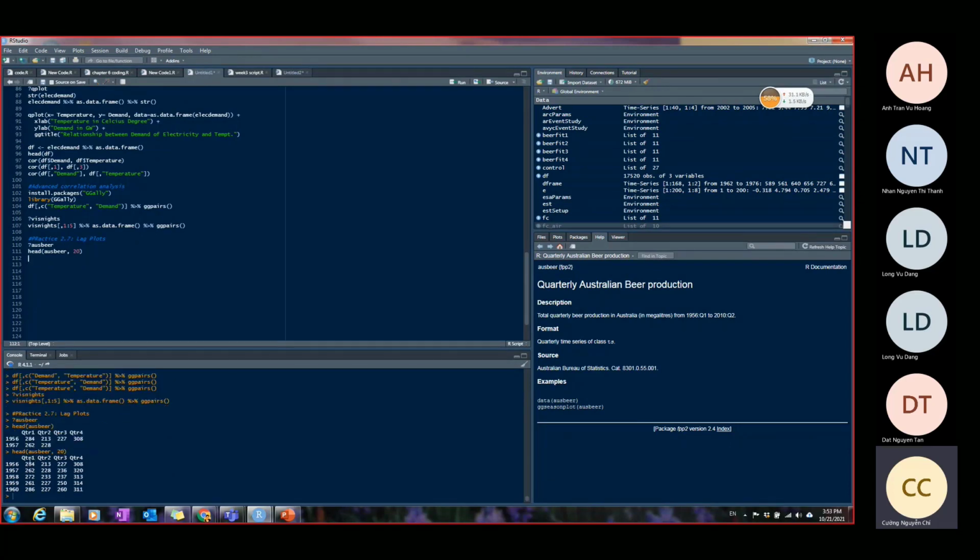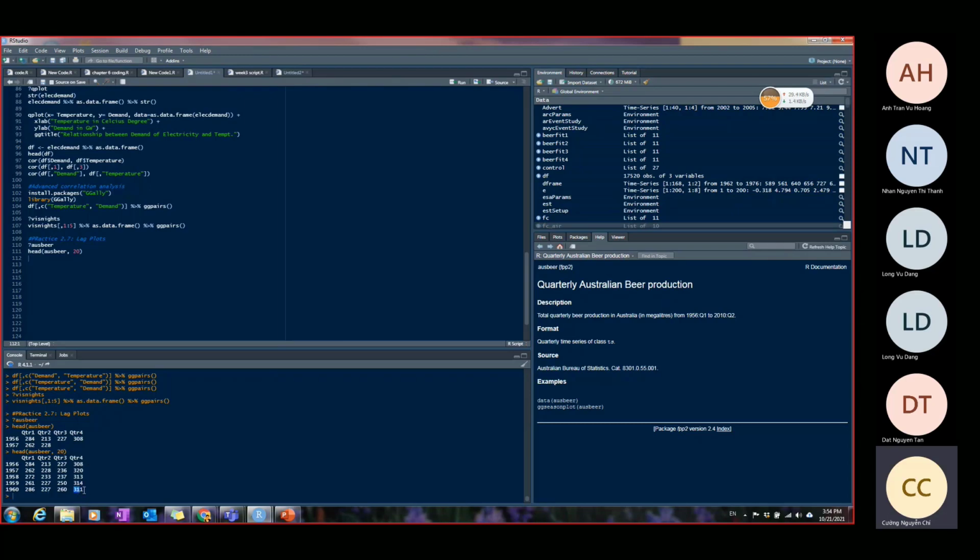We have the data by quarter: the first quarter, second quarter, third quarter, and quarter number 4. This is the data from 1956 to 1960. For example, now the current value will be like 311, the most recent data from quarter 4 of 1960. Lag 1 means the historical data, just one period before, so that will be Q3. Lag 2 means two periods before, that means Q2 of 1960. Lag 3 means three periods before, so that's Q1 of 1960 compared to the current data of Q4.